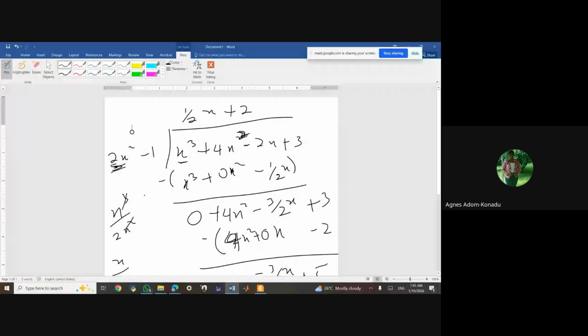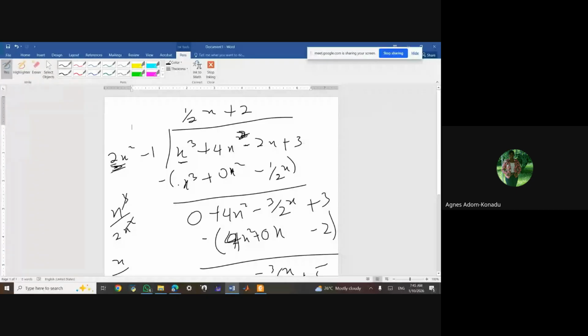Then I will multiply the 2x squared by the 2. So I'll open a bracket and write the multiplication of 2x squared by 2, which is 4x squared. Then plus, I will multiply the negative half by the 3, which will give me negative 2. So I'll bring it under the constant, negative 2.